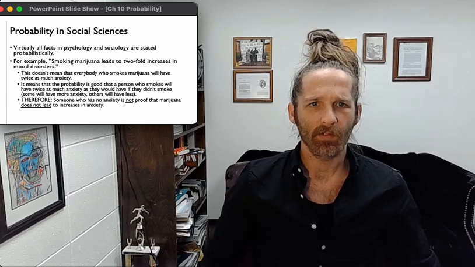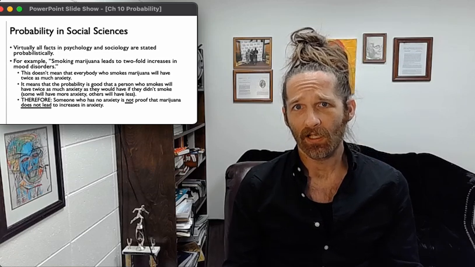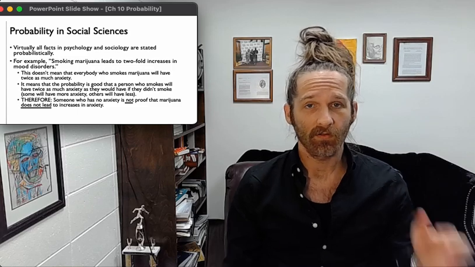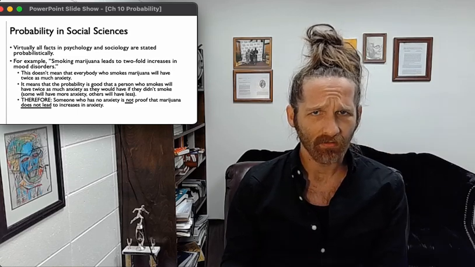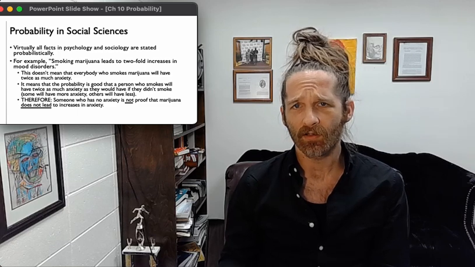We can also say the same about smoking cigarettes. We know that there's a relationship between cigarette smoking and lung cancer and cardiac disease and a whole bunch of other health problems. But that doesn't mean that if you smoke one cigarette, you're going to get lung cancer. Or even if you smoke cigarettes for 40 years, you're going to get lung cancer.